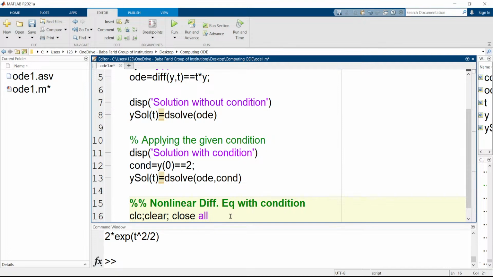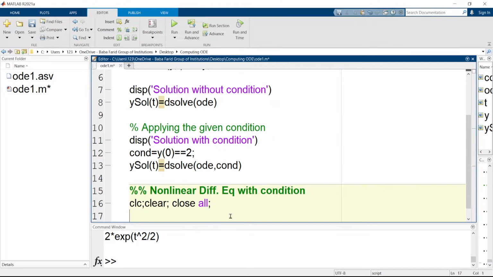These are common to all the script files and sections. Then we first declare the symbolic function, syms y(t).